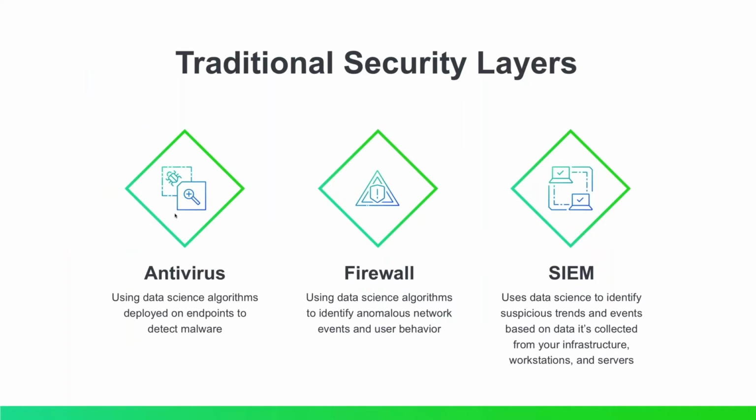We're all very, very familiar with the concepts of antivirus, firewalls and SIEM platforms. Each and every one of them greatly benefits from using data science and AI. In our universe here at Cylance, we fall very much into the antivirus and endpoint protection part of the universe, and we use data science in a couple of different ways, and I'll show you an example of that in a couple of minutes when we get into a brief, slightly more technical demonstration where I'll give you a couple of examples of this.